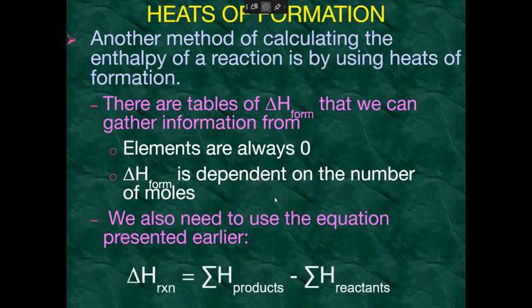And we also need to use this equation. This is a type of equation that you will see bouncing around, but it makes me a little bit nervous because the negatives and the positives in thermochemistry only refer to the direction of heat flow. So remember I told you in order to break bonds, you need to add energy.